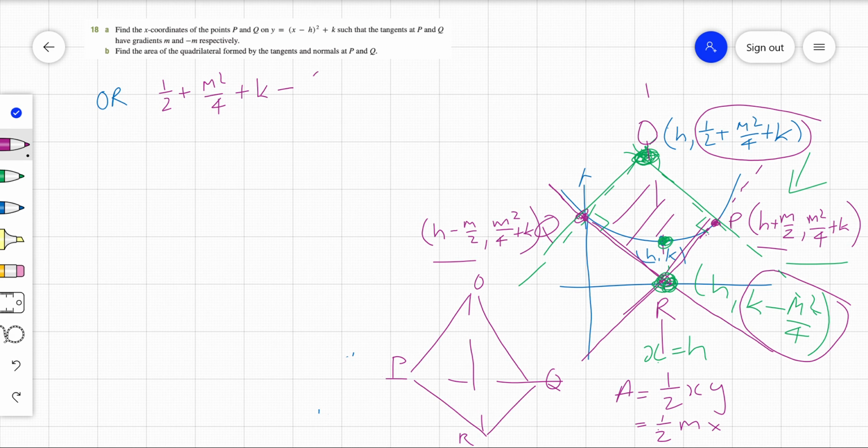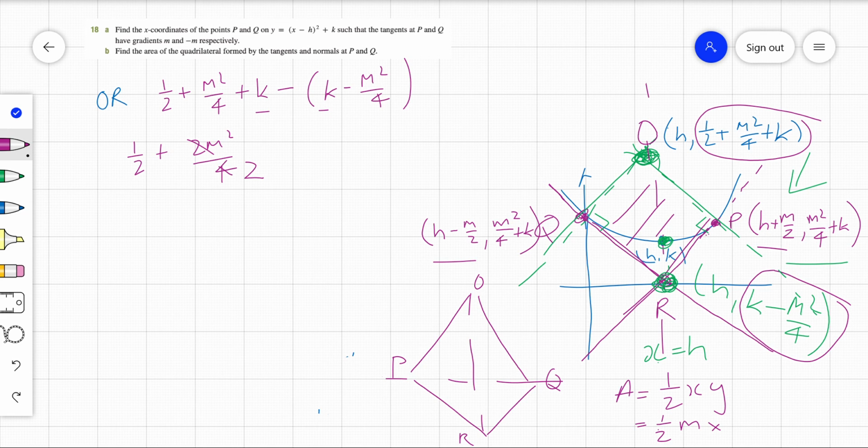So we subtract k minus m squared on 4. That's the difference in the y values. So what do we have then? You see the k's will cancel, and we've got m squared on 4 plus m squared on 4. So we've got a half plus 2m squared on 4.